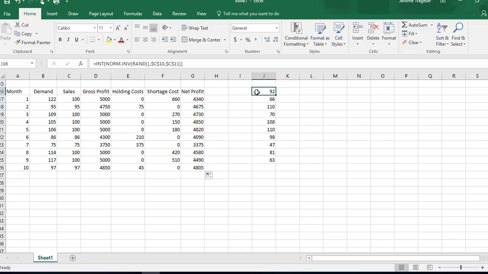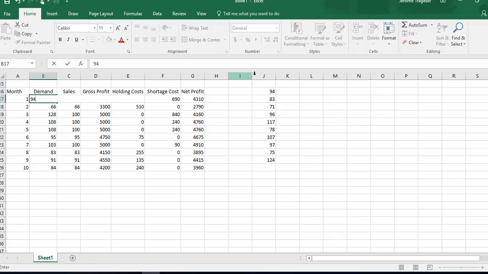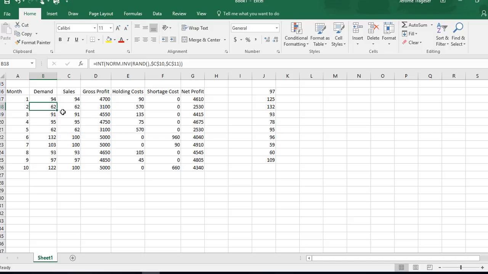Okay, so I would give you the demand for 10 months. So you would still be responsible for setting up all these equations, but now I want you to copy and paste the given demand. 94, 125.